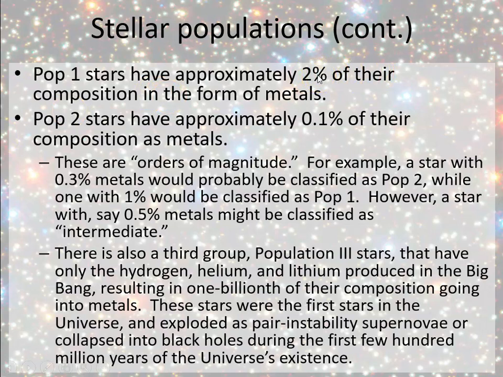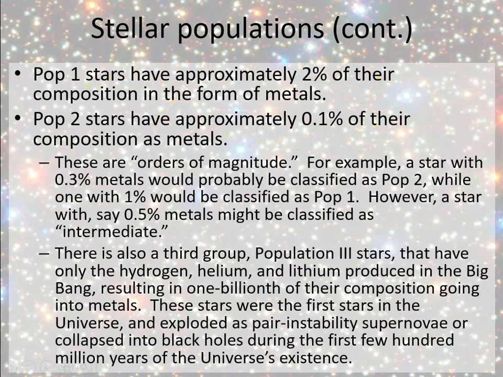If it's roughly an order of magnitude, yeah, I know there's some overlap here, from population 2, we call it a population 2 star. And if it's really too close to being in between, then we call it an intermediate population. But we can really divide the great majority of the stars that are out there fairly cleanly into either population 1 stars or population 2 stars.